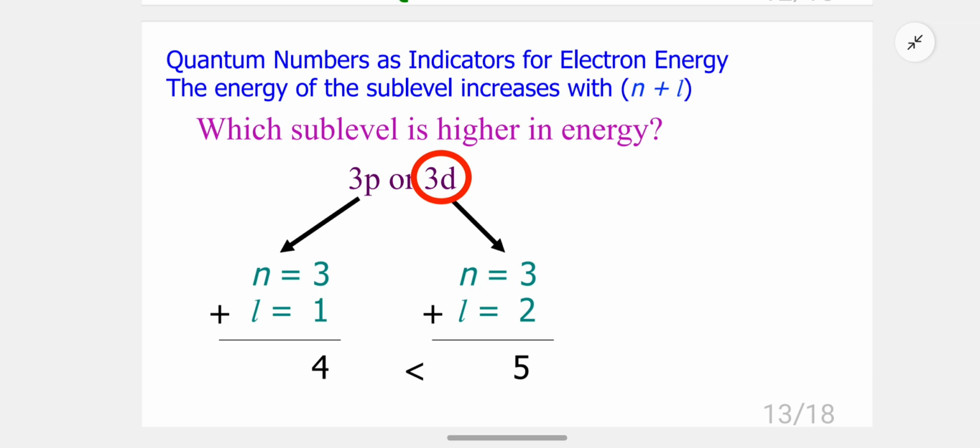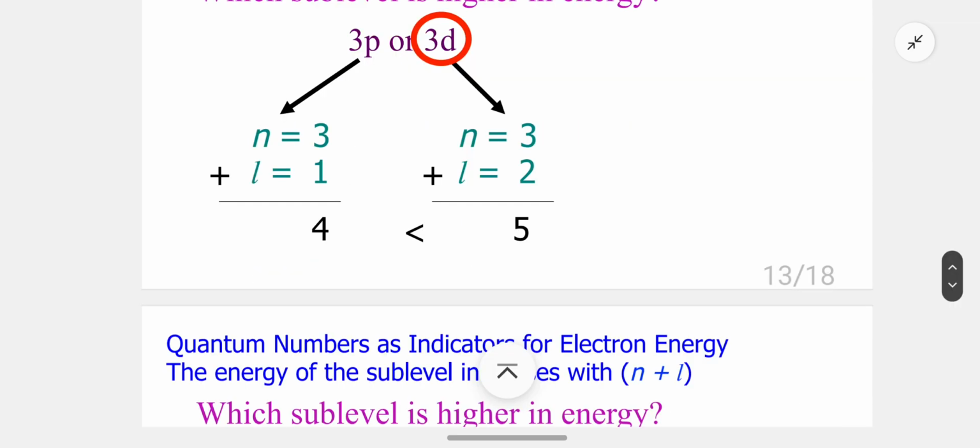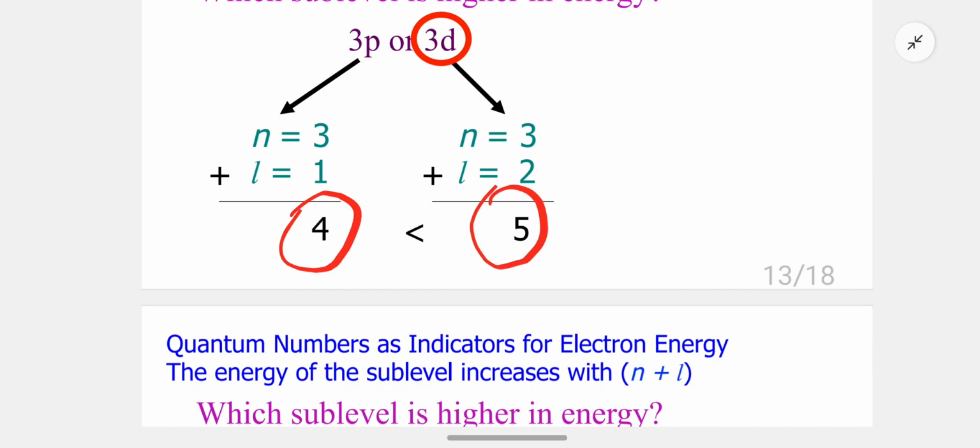The secondary indicator says that for 3p, l equals 1, and for 3d, l equals 2. Summing up both values, we get 4 on the left side and 5 on the right side. Comparing them, 4 is obviously smaller than 5.